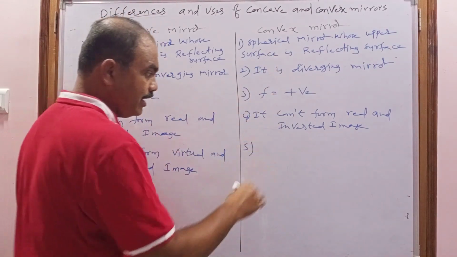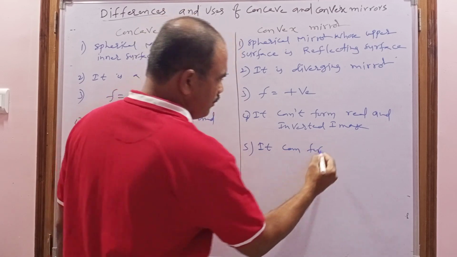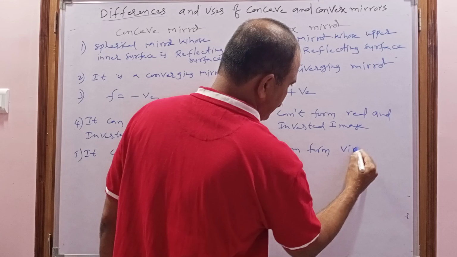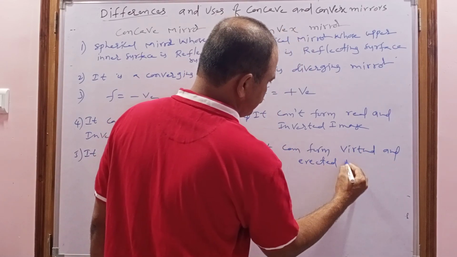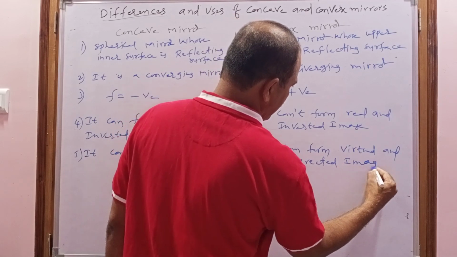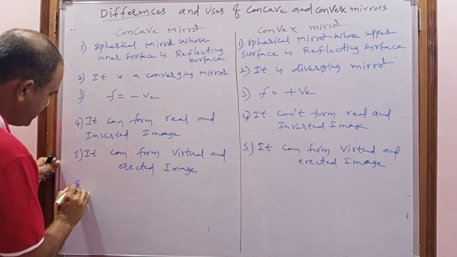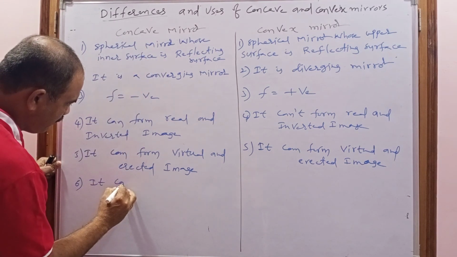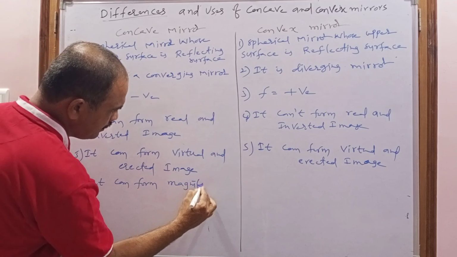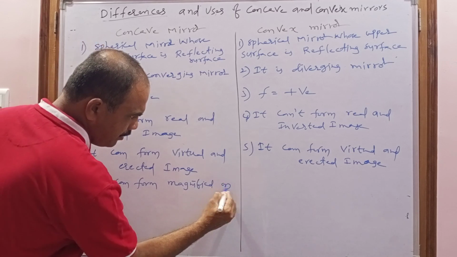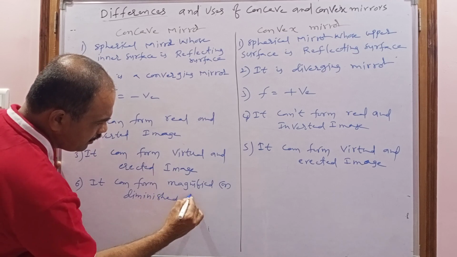And next, come to the convex. It can form virtual and erect images. And next, come to the size. The concave can form magnified or diminished image.